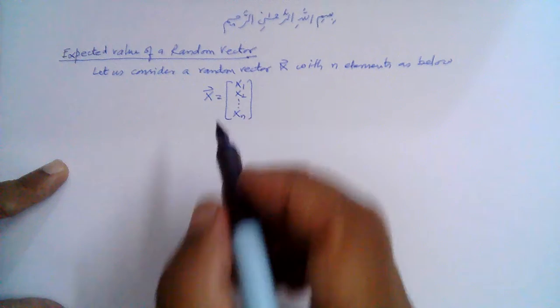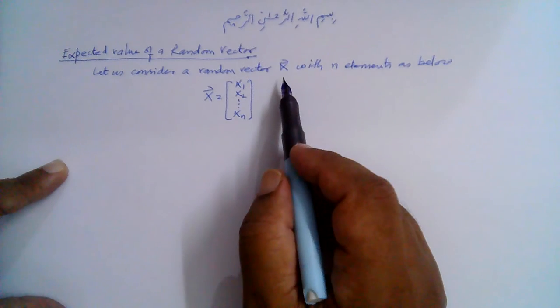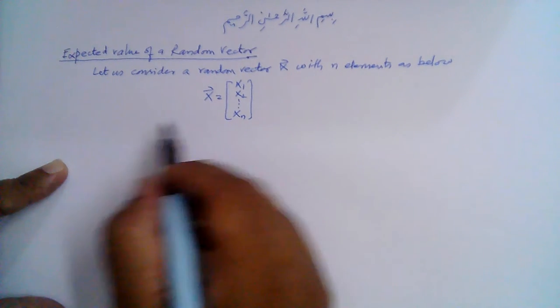So the expected value of this random vector x bar is also a vector, which is given below.